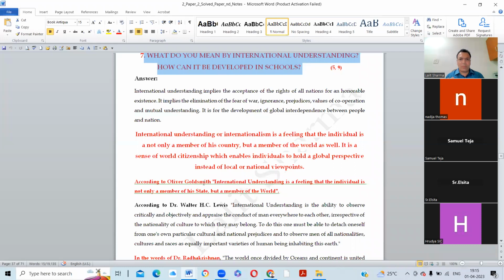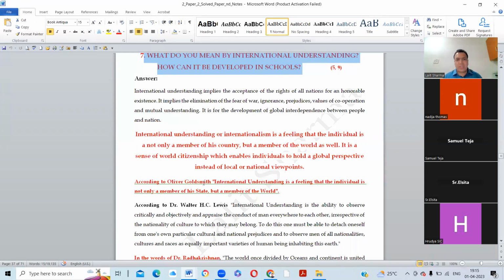So we have to develop international understanding. National understanding first, then international understanding. So guys, the teacher or principal should be such that they have a broader outlook, because only then can we compete with the world.